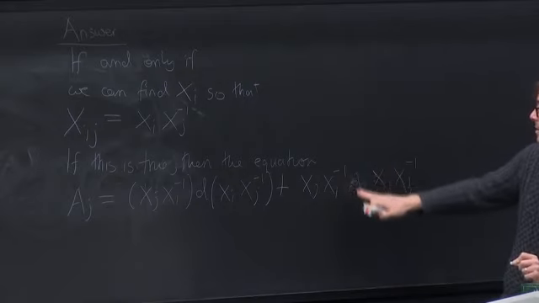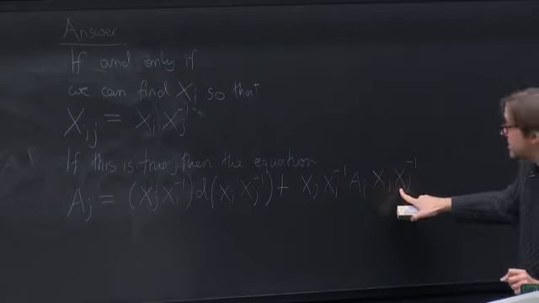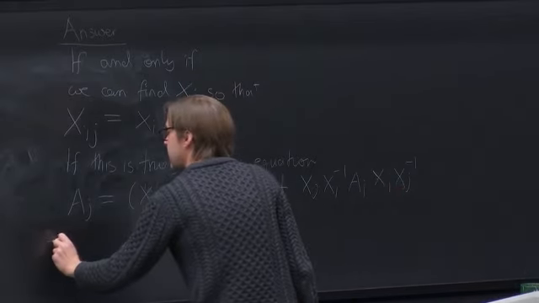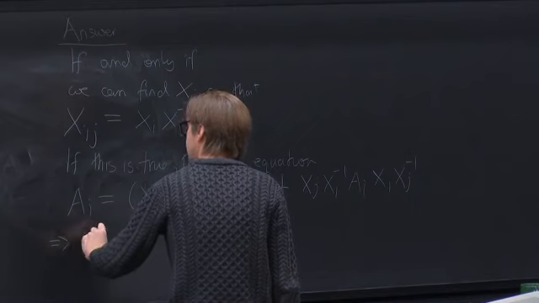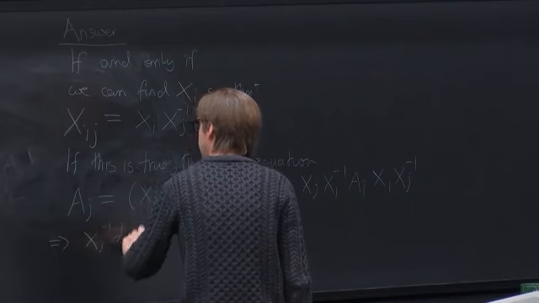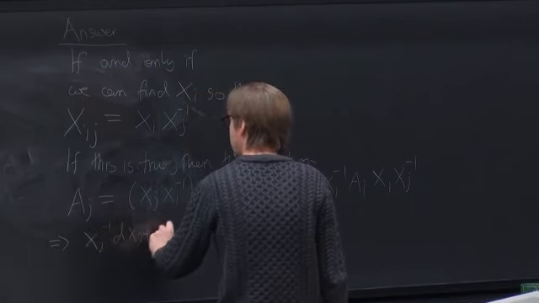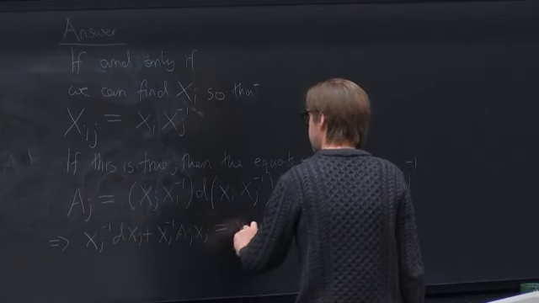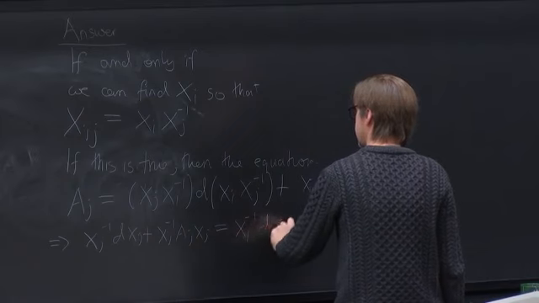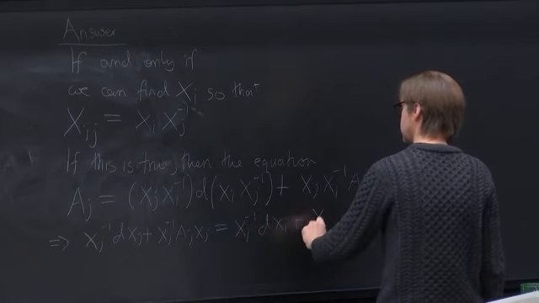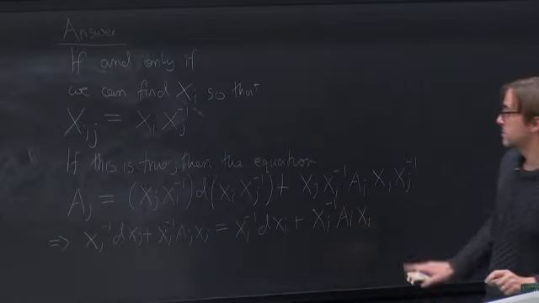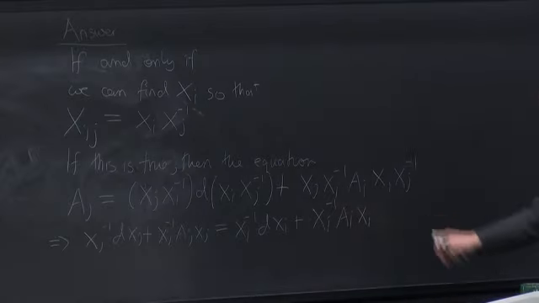So this equation, by moving some of the xj's to the left-hand side, implies that xj inverse d xj plus xj inverse Aj xj equal to xi inverse d xi plus xi inverse Ai xi. So this is some little calculation.